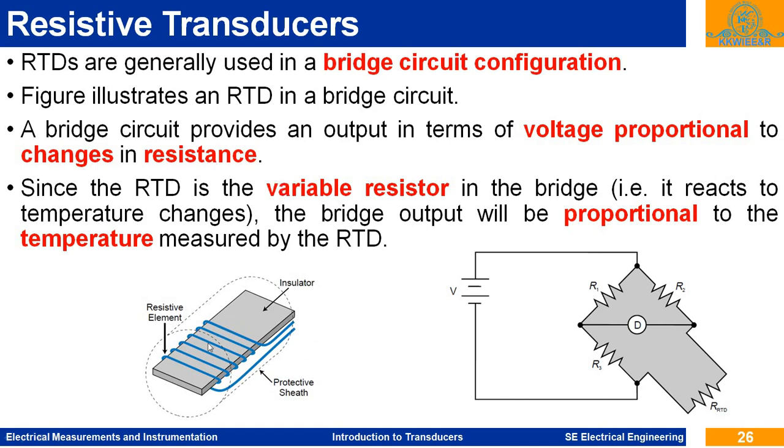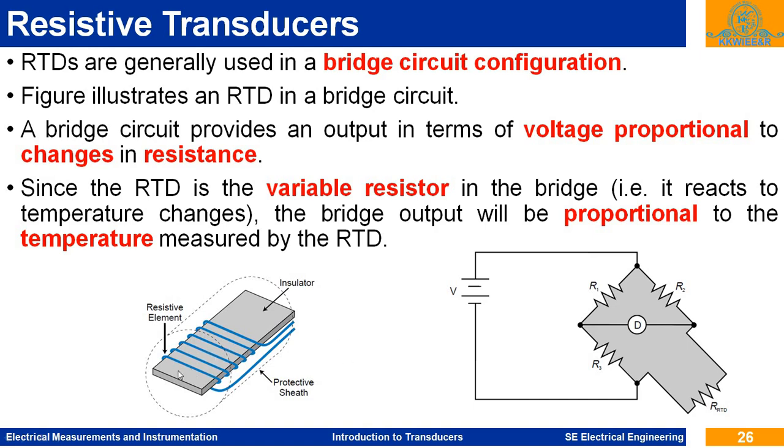An example is the RTD, resistance temperature detector. This will measure the temperature. They are generally used in a bridge circuit configuration, as we discussed in the strain gauge.